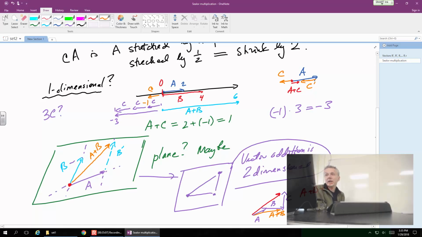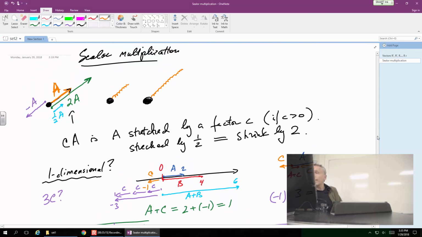What about scalar multiplication? What do you think its dimension is? Extending, stretching, yeah. And the lengths.